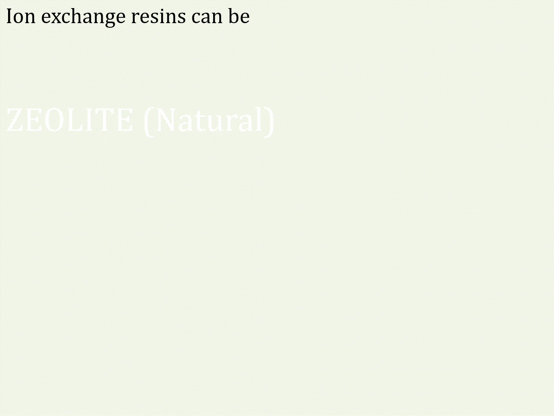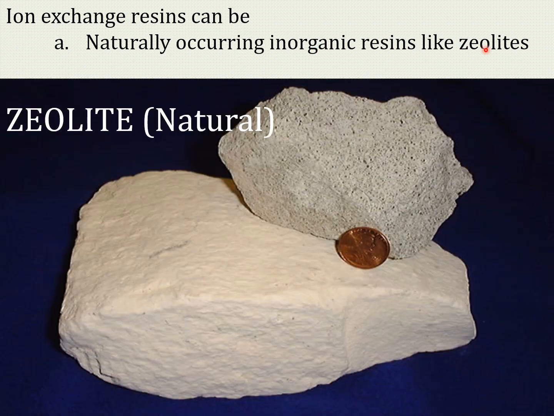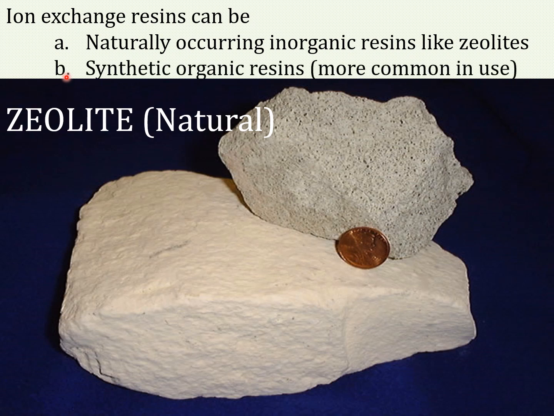Well, to know more about ion exchange resins, they can be divided into two on the basis of occurrence or source. One is naturally occurring inorganic resin, for example, zeolite. Please have a look. And the second one is synthetic organic resins.